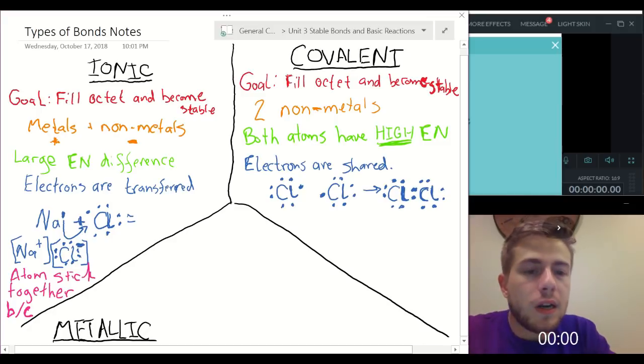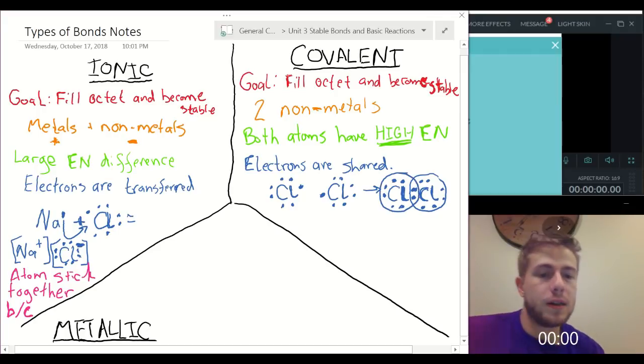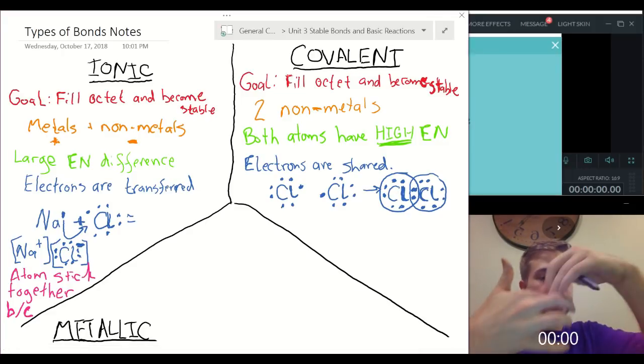What you can see here in the middle is we've got 2 electrons in between them, and those are their shared electrons. Those electrons count as this chlorine's octet, but they also count as this chlorine's octet. So they both have a full octet, they just go about it slightly differently. They're sharing instead of transferring electrons.